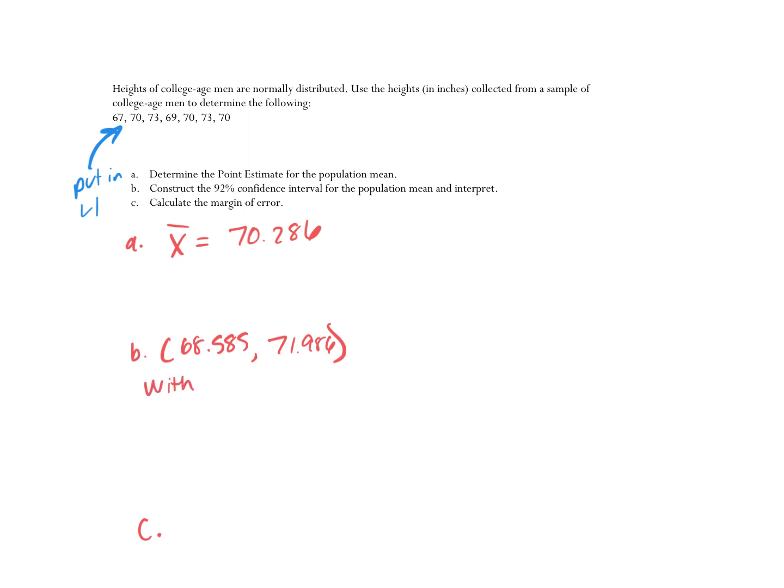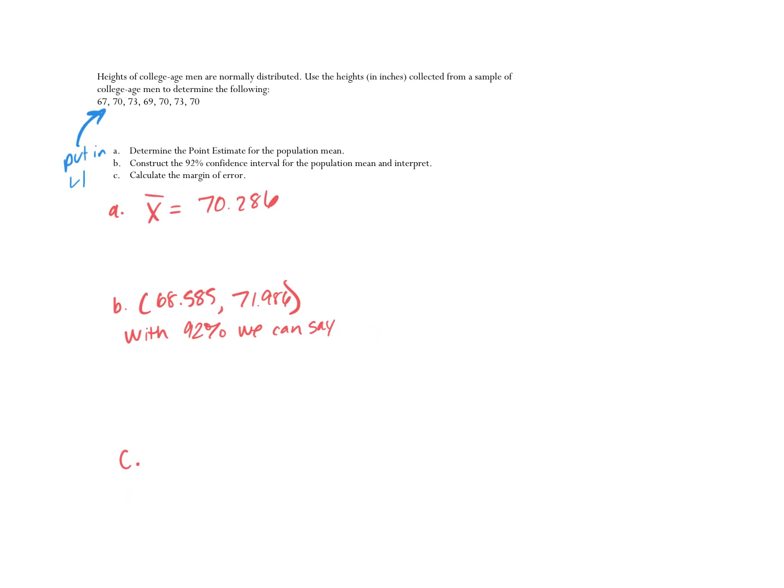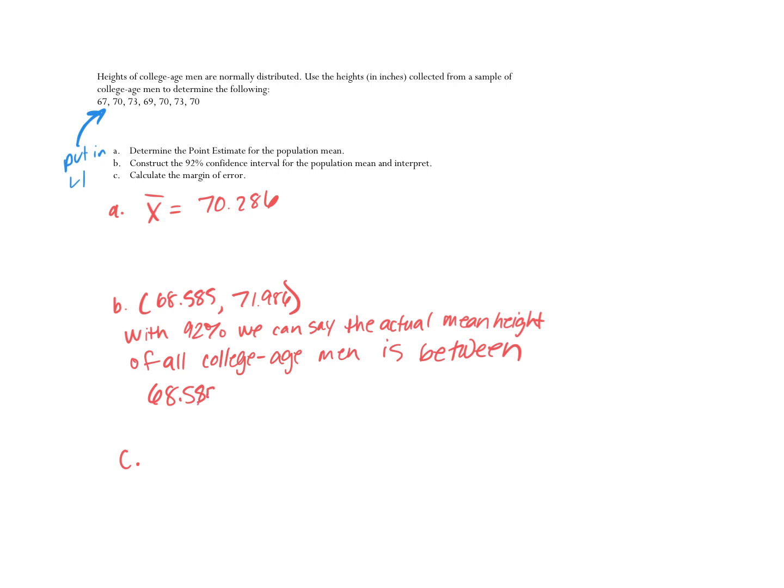We're going to say with 92% confidence, we can say the actual mean height of all college-age men is between 68.585 inches and 71.986 inches.